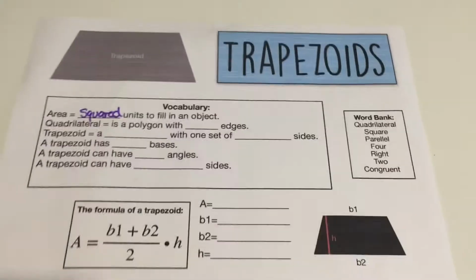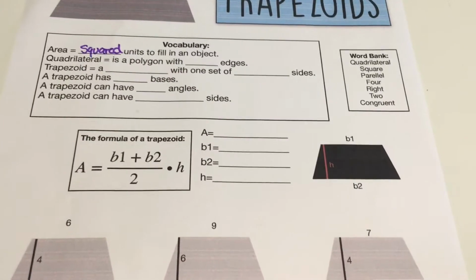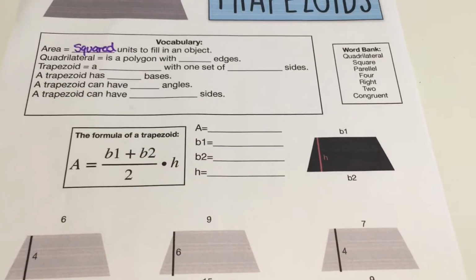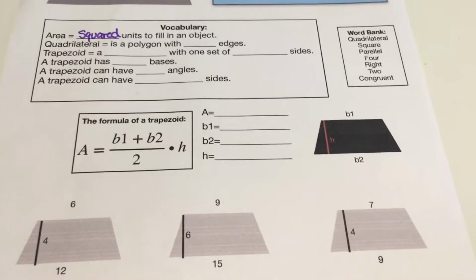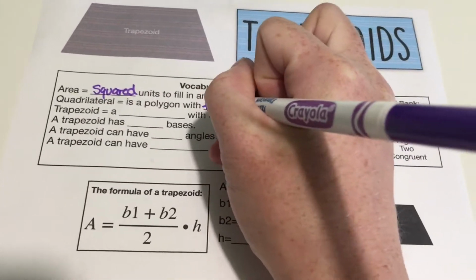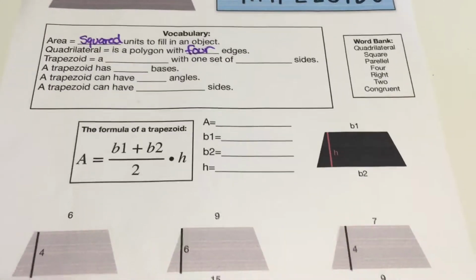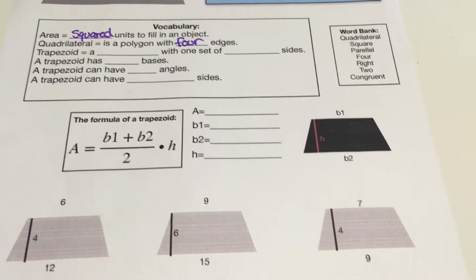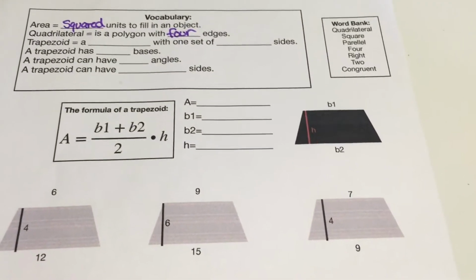A quadrilateral is a polygon with blank edges. We know that quad is 4, so a quadrilateral is a polygon with 4 edges. Now this next one has 2 blanks, so a trapezoid is a blank with one set of blank sides.